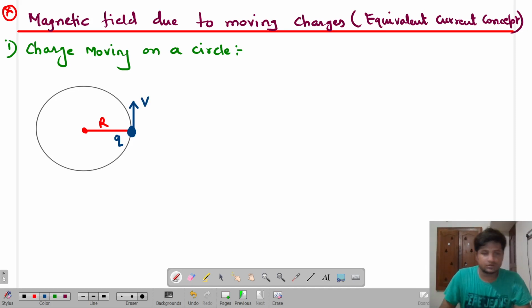Are you able to get me or not? If it is having some velocity, definitely it means it is rotating with some angular velocity omega, isn't it?